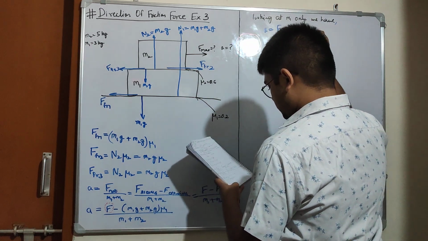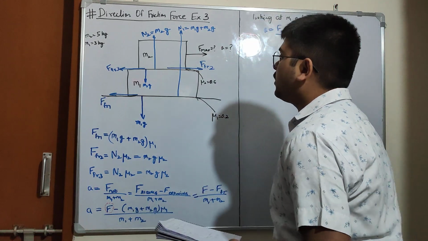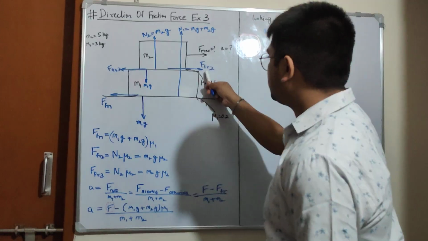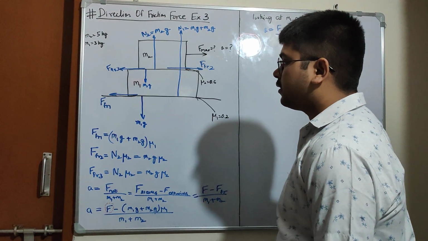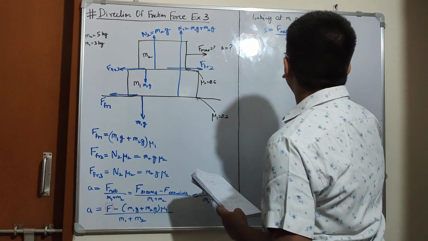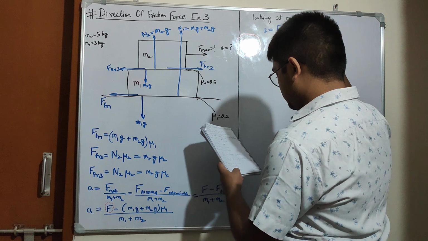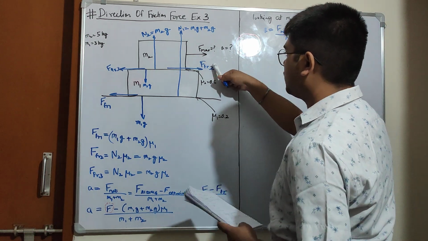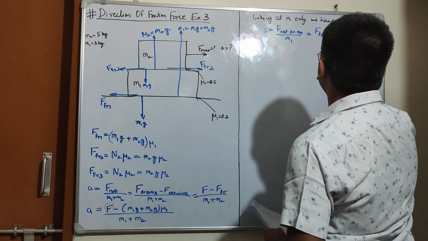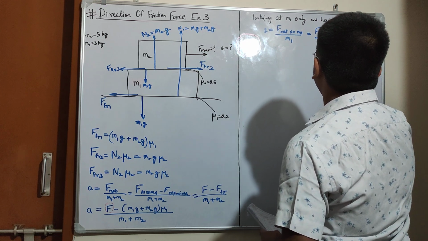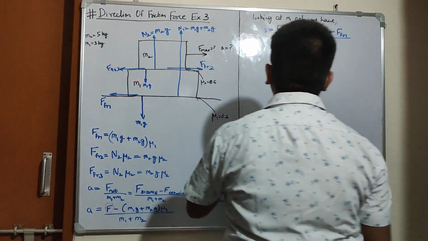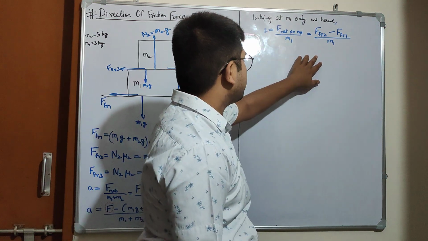There are two forces acting on m1: F friction 2 is aiding and F friction 1 is opposing. So we have F friction 2 minus F friction 1, divided by m1. So this is our acceleration from here.